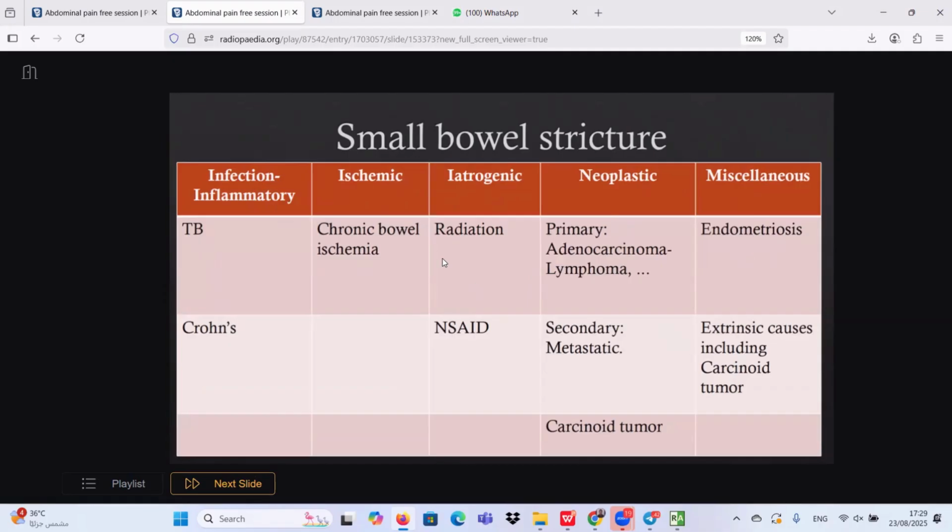The most common is Crohn's disease, and chronic bowel ischemia is less common. Also, we have some extrinsic causes like carcinoid tumor. Carcinoid tumor can cause a desmoplastic reaction around the mesenteric mass and can cause bowel stricture.